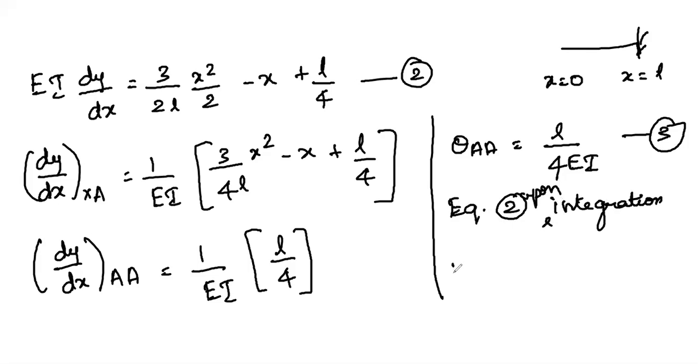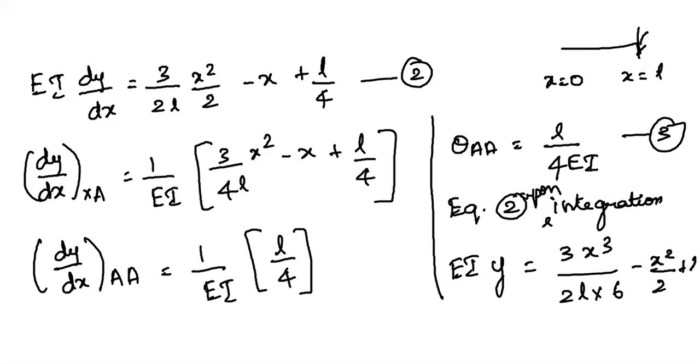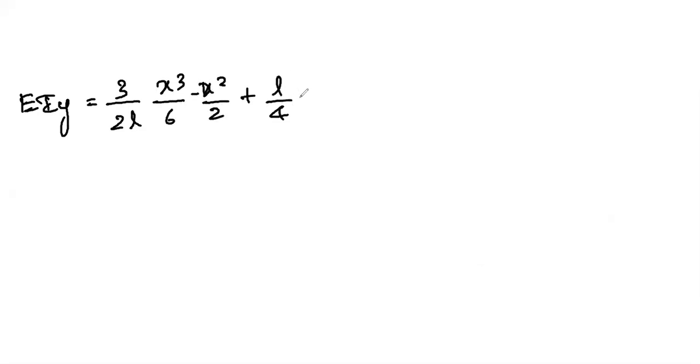Equation 2 upon integration will give EI into y equal to 3 by 12L into x cube divided by 6 minus x square divided by 2 plus L by 4 into x plus C2. This is another constant. You are adding another constant. Now we have to find the value of this C2.